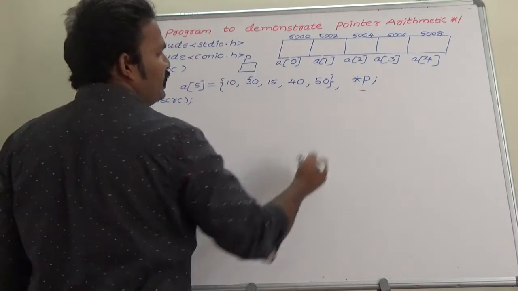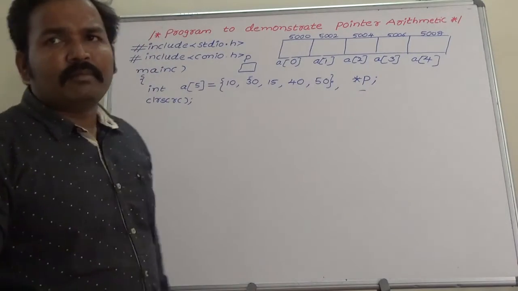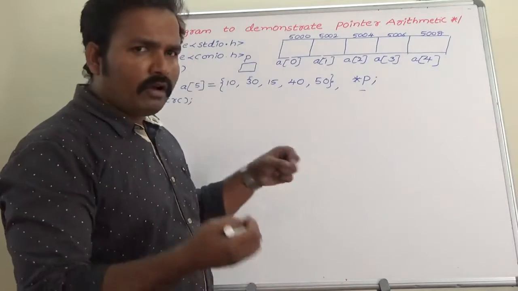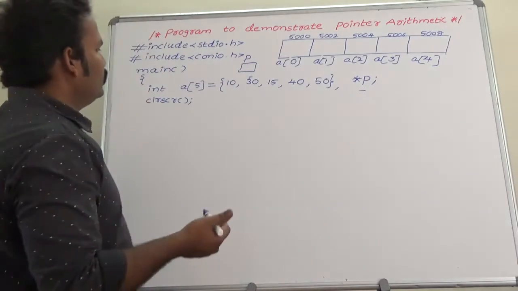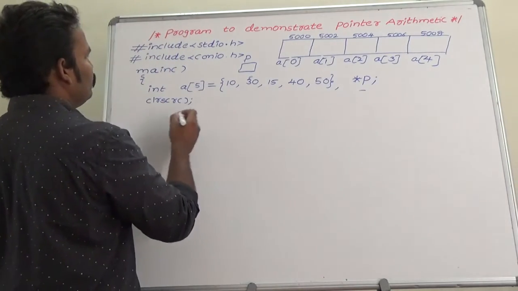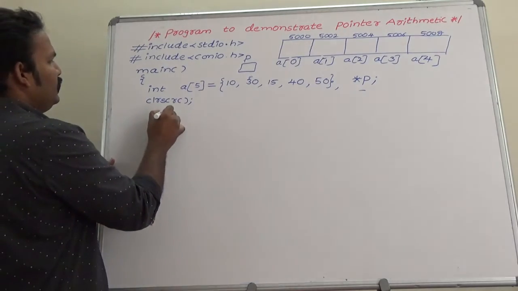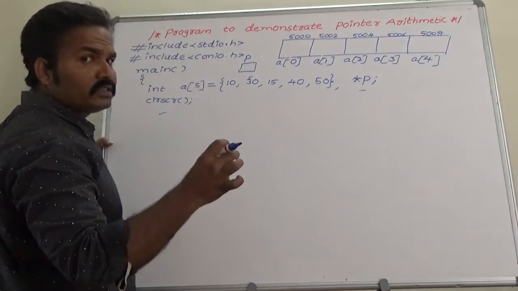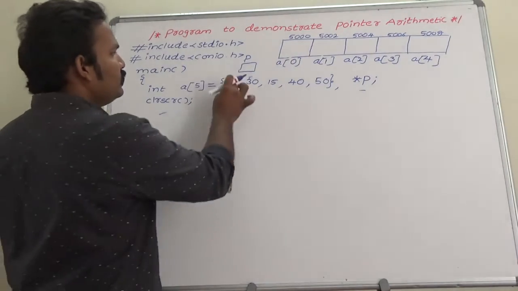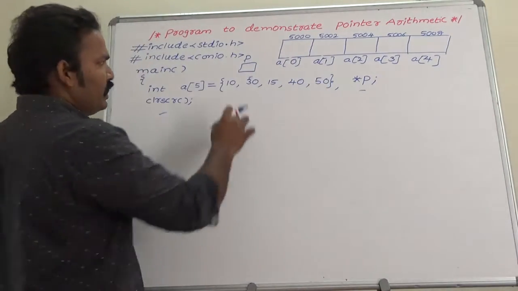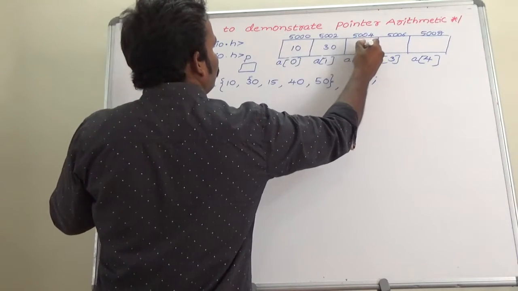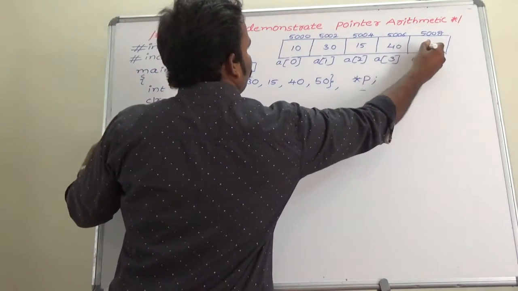When we declare a pointer variable like this, the C compiler allocates 2 bytes of memory for a pointer variable of any type. Next, these 5 memory blocks are filled with these 5 elements: 10, 30, 15, 40, 50.